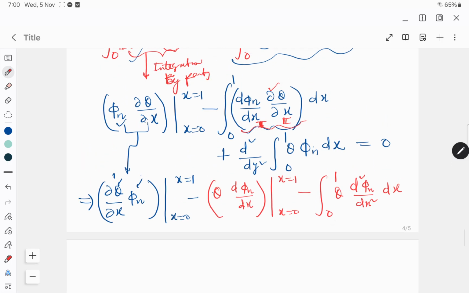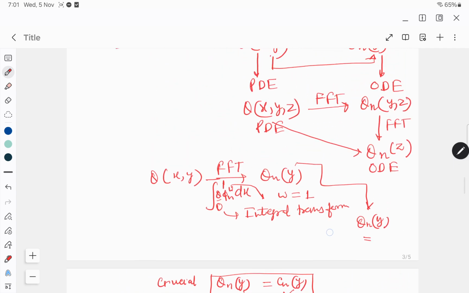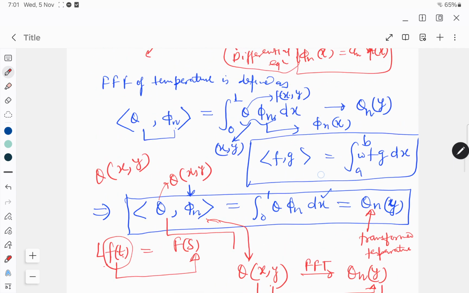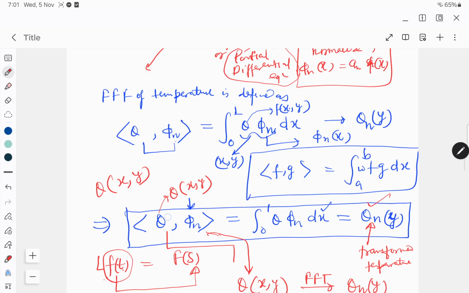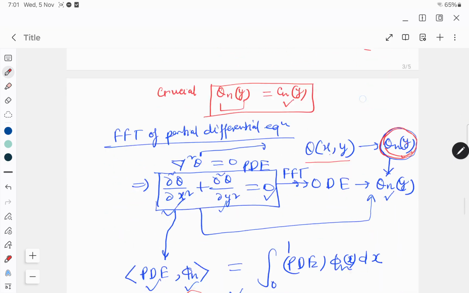So this plus this, you see, I have this integral. This is the finite Fourier transform of theta, which we have discussed, and it could be transformed into theta n, as we explained right here, theta xy transforms to theta ny. So this integral theta phi n is equal to theta n y.